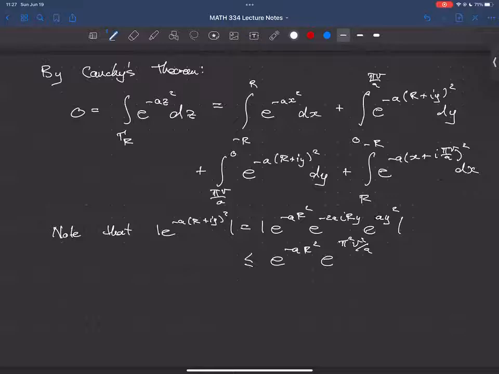And so that gives a bound on the integrand here. The integrand is uniformly bounded by this thing, and notice that this is uniformly bounded in R by 1.